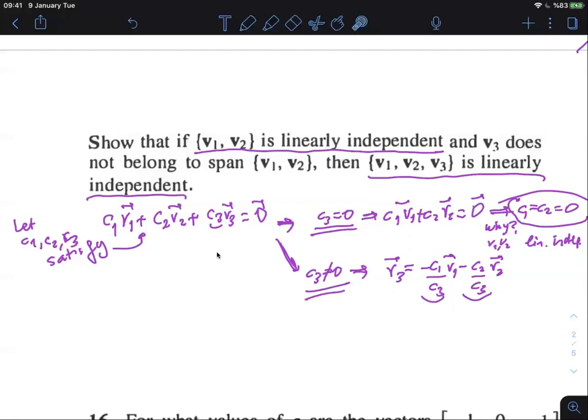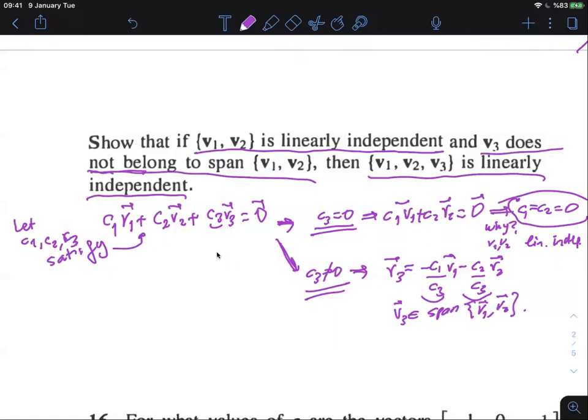Okay, what does this show us? This shows us that basically V3 is a linear combination of V1 and V2, which means V3 is in the span of these two vectors, because I can use these two vectors to represent V3. But this is something that we assumed to be not true at the beginning, right? Because we don't want V3 to be in the span of V1 and V2.